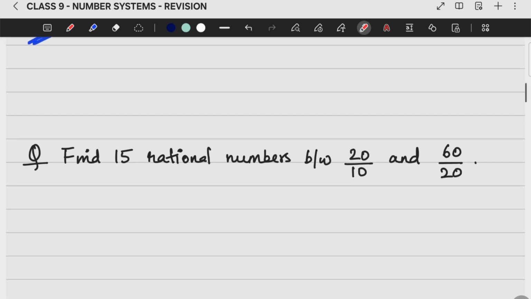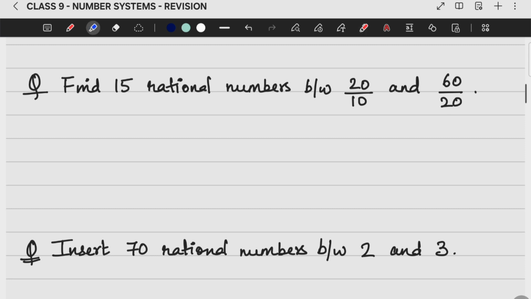Okay. Now, coming to this question. One is 20 by 10, the other one is 60 by 20. First of all, you have to make sure the denominators are the same. How do I make the denominator the same? 60 by 20, let it be. I will multiply numerator and denominator by 2, which will give me 40 by 20.